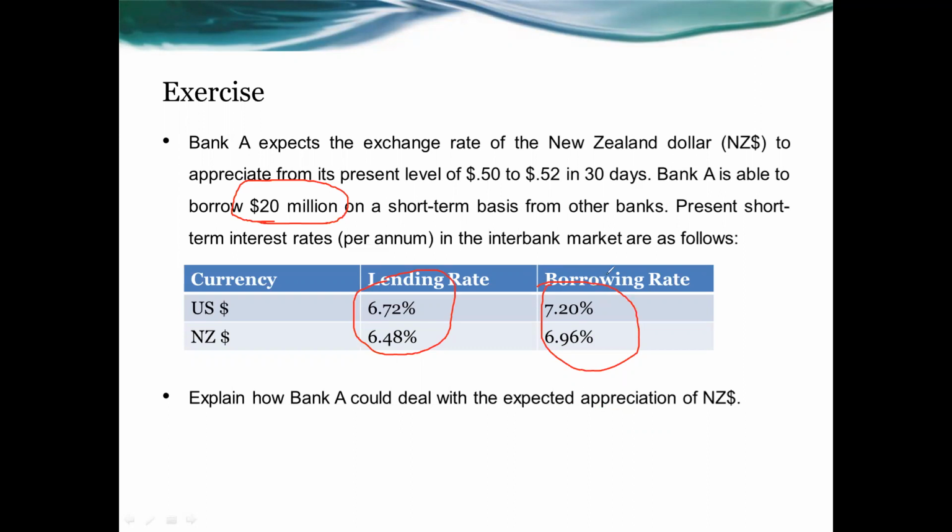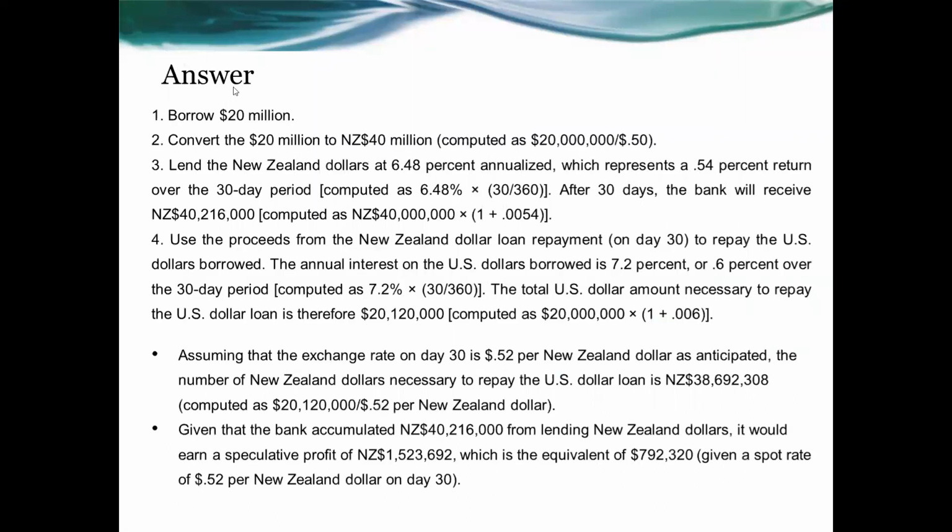Now, because of this anticipation of the exchange rate changes, what can banks do with that change? Let's look at it very quickly, because we will discuss this in more detail in our future sessions. So you can read it.